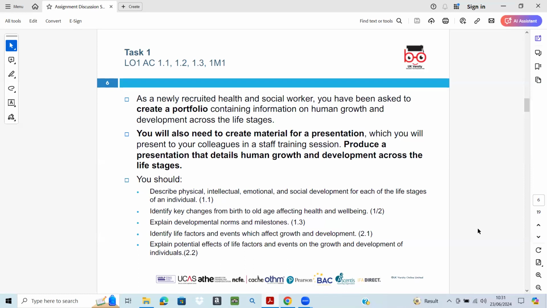So we need to use visuals, case studies, and research findings to support our points and ensure that our material is well organized and easy to follow. All these are the important aspects related to task one.